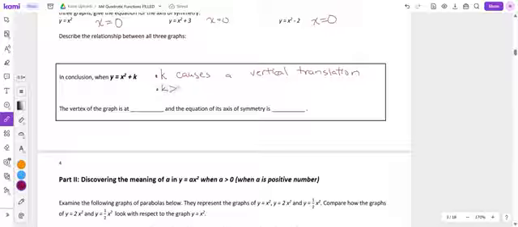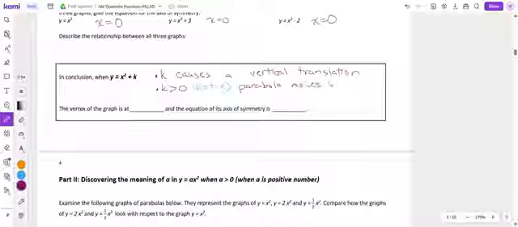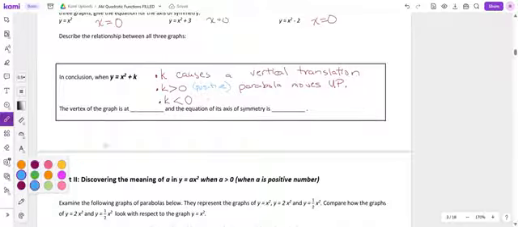When k is bigger than 0, meaning it's positive, then how does the parabola move? The parabola moves up. And when k is negative, so it's less than 0, I'm going to write the word negative, the parabola is going to move down.